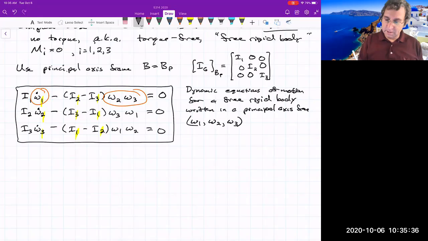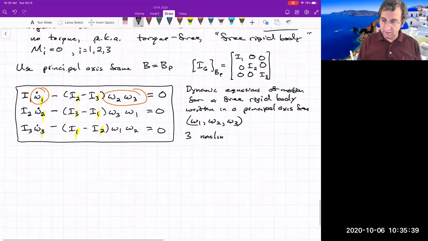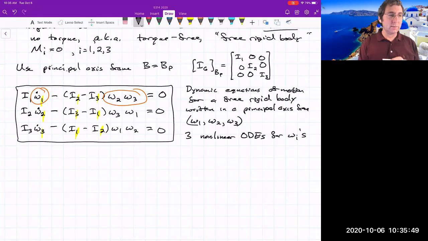So these are 3 nonlinear ODEs for these omega i's. And just to get a first idea of what we get from this, we'll probably want to make an approximation. We could actually solve it exactly, but we just want to get a general idea of what the motion will look like.